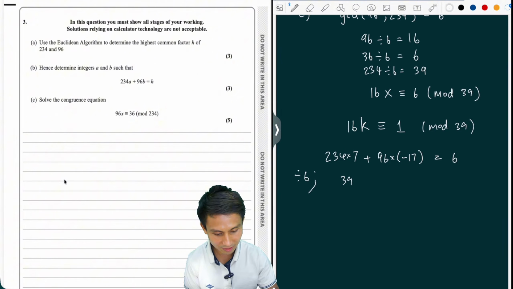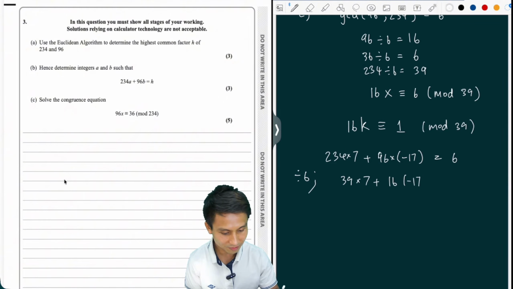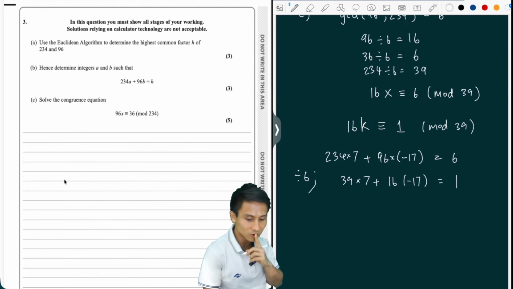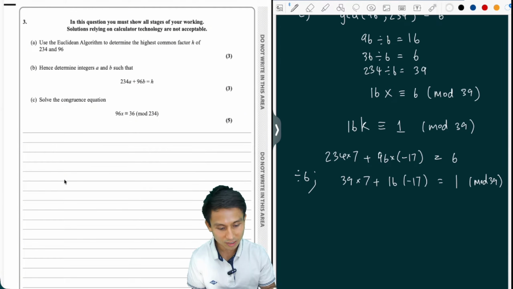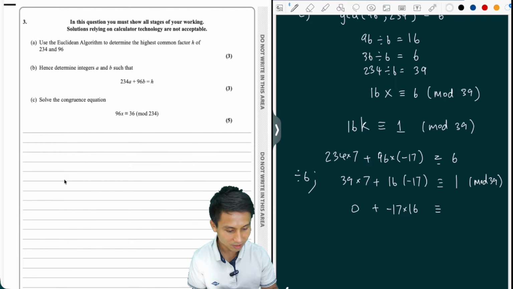We got 39 times 7 plus 16 times minus 17, and this is going to be 1. If we apply modulus 39 here, that first term is going to go to 0, because the remainder of this will be 0. So that's 0 plus minus 17 times 16 equivalent to 1, modulo 39.